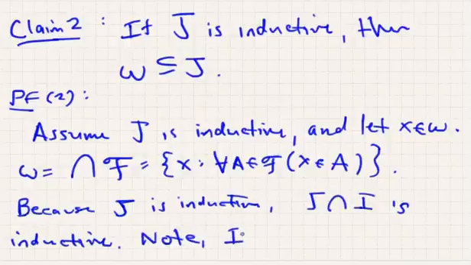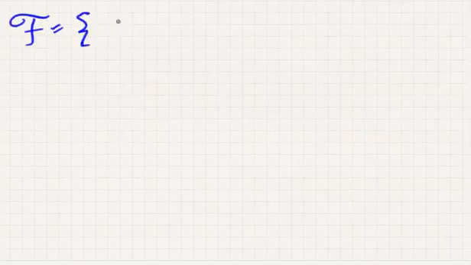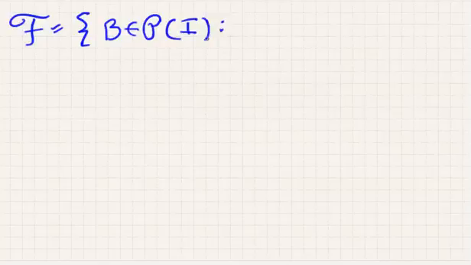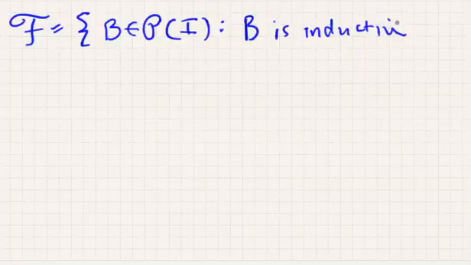Well, there's something further than this. We know that I intersect J is a subset of I. And why is this important? Recall that F was the set of all inductive subsets of I. Well, what does this mean?